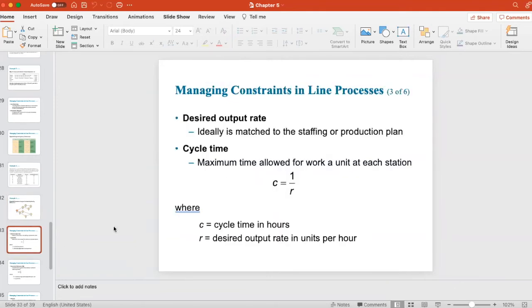Now let's continue. After we know how to plot out the precedence diagram, we need to think about how many workstations we need to build, such that we can assign those different work elements into different workstations and let those workstations work simultaneously, so that we can save some time during this whole production or service process.